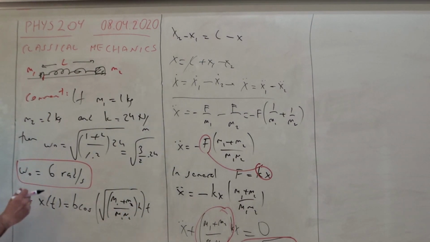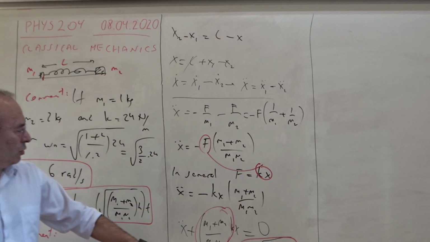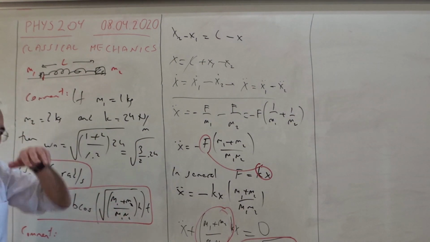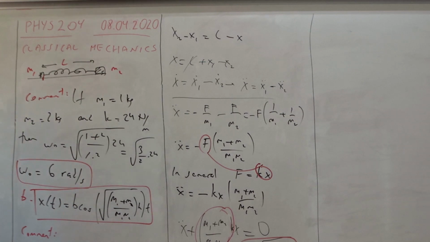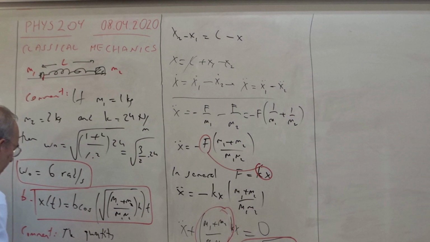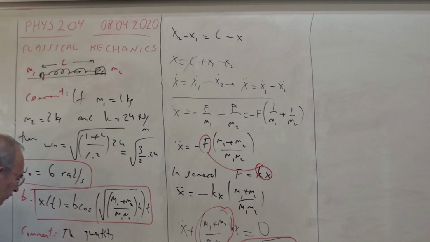So this is the equation of motion. Now there is another comment we have to make here. If you look at this quantity in the reverse order, m1 m2 divided by m1 plus m2, in other words, product over sum, it is defined as mu.